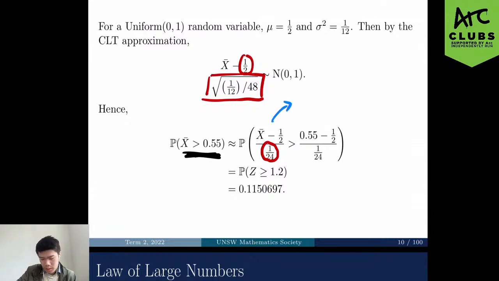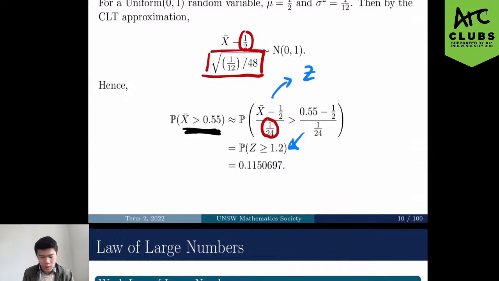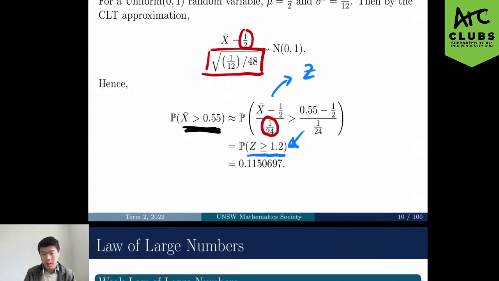It becomes Z. And if we evaluate this, we get 1.2. So all we have to do is calculate the probability that Z, a standard normal random variable, is greater than or equal to 1.2. And using your probability tables, it turns out to be 0.1150697.